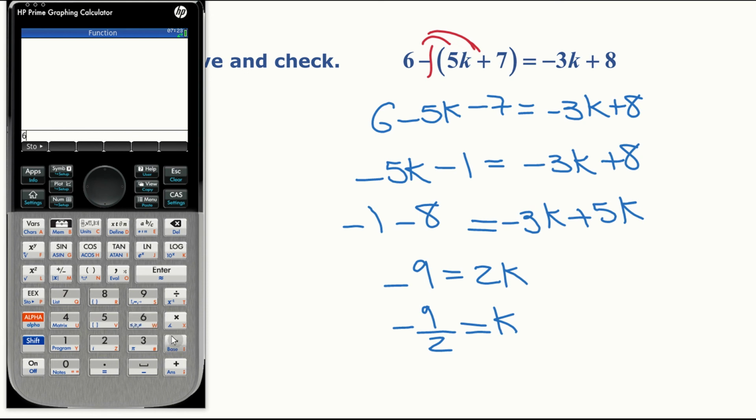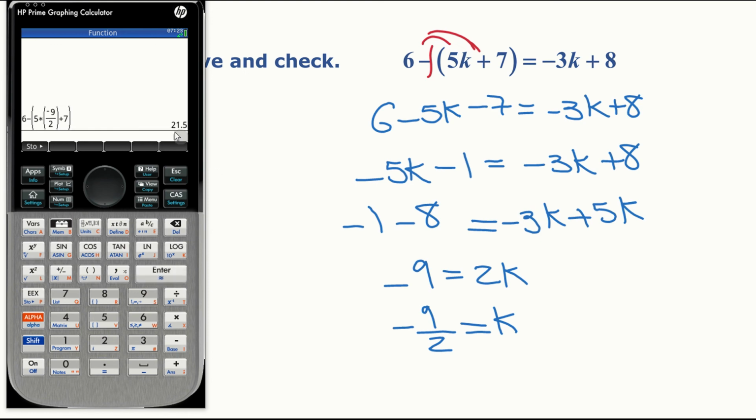So we're going to plug in -9/2 for k. So 5 times -9/2 plus 7. All right, and we're going to see what that expression is.